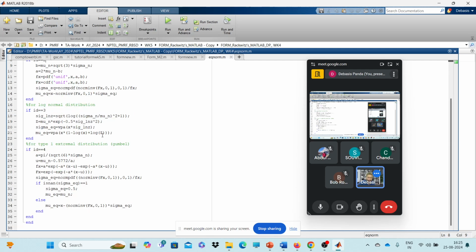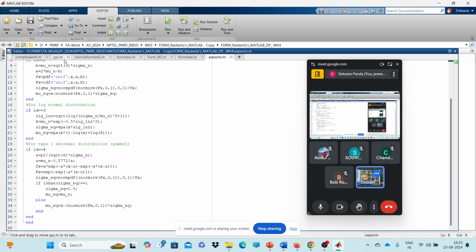Now you can fill this equinorm function file with others; here I have done up to Gumbel. You can do type 1 largest, different kinds of distributions if we have another set of random variables. Mostly these four random variables are sufficient to solve most engineering problems, so that's why I put four.